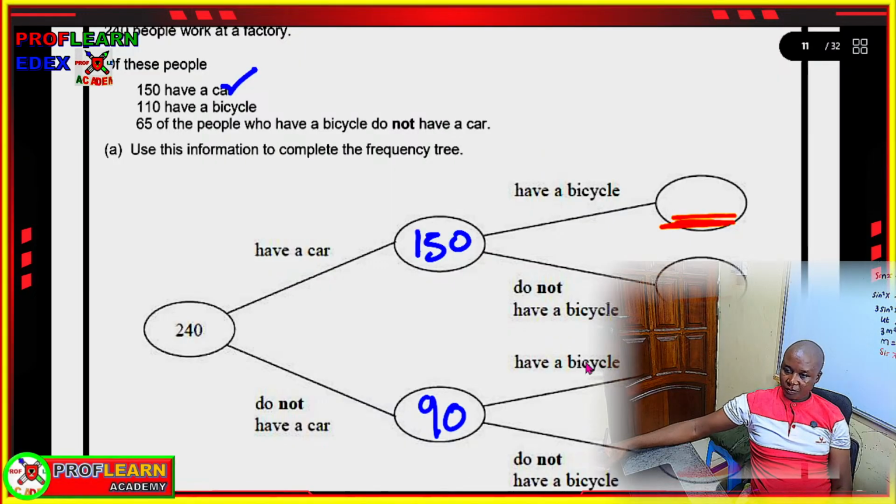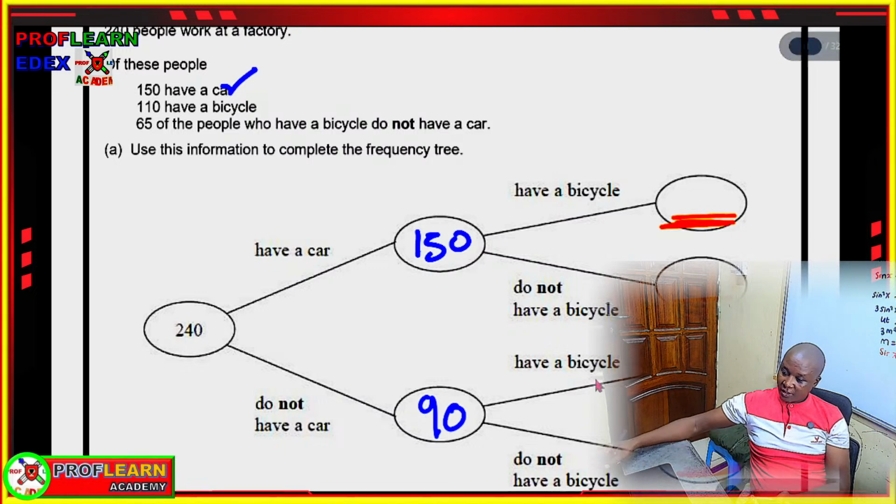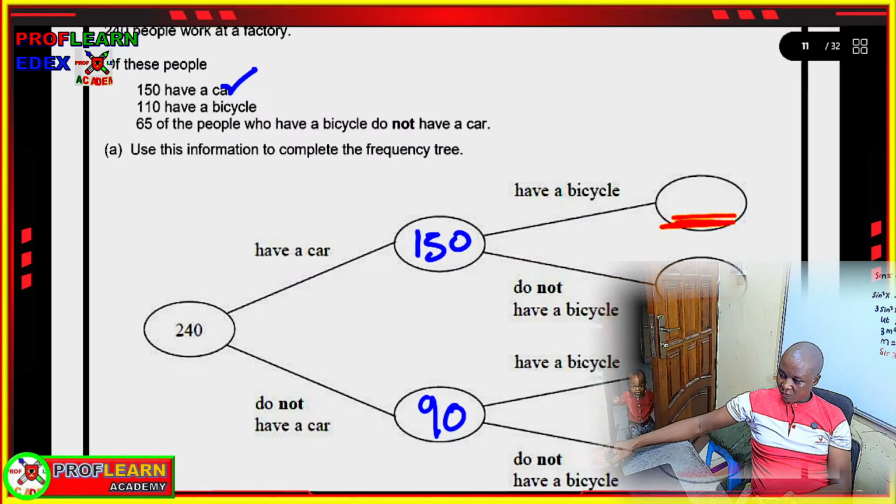So 65 of the people who have a bicycle do not have a car. So we can say here is 65 people. Then what's remaining down here? That's going to be 90 minus 65, so this is going to be 25.